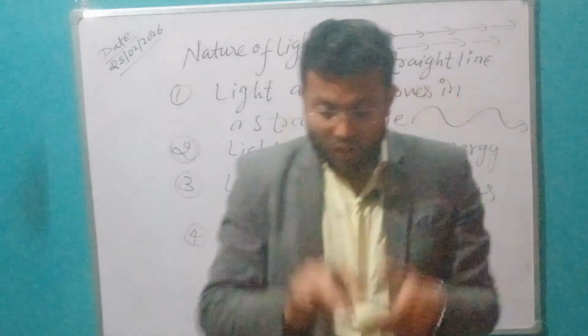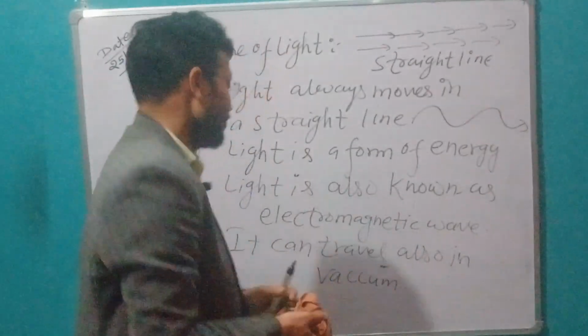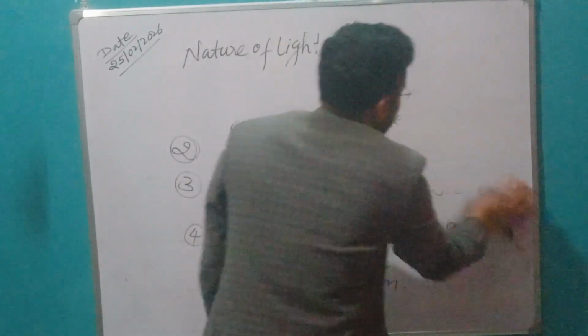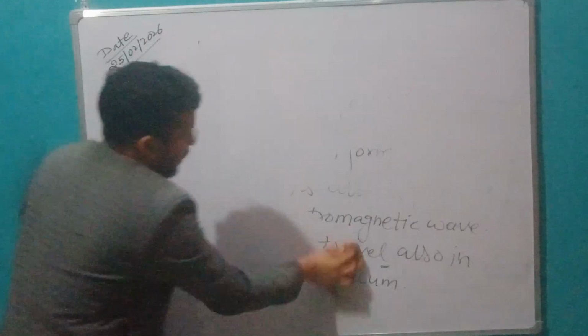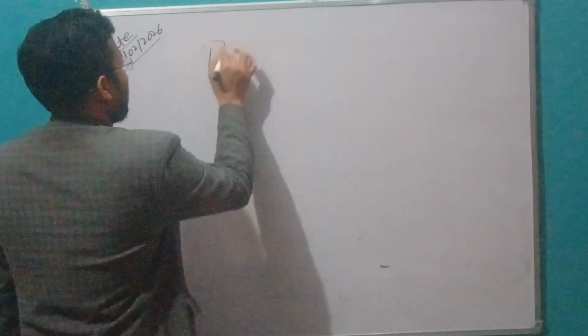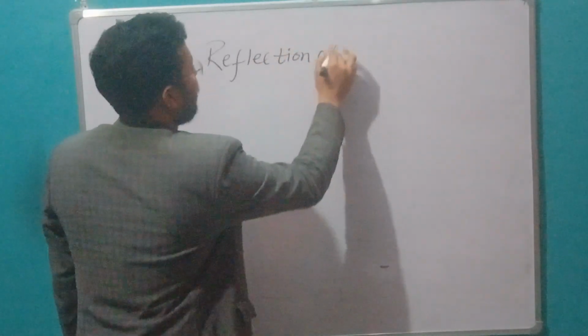Okay, the next topic is the reflection of light. What is reflection of light? The name reflection means turning back, bouncing back of light from an opaque surface.